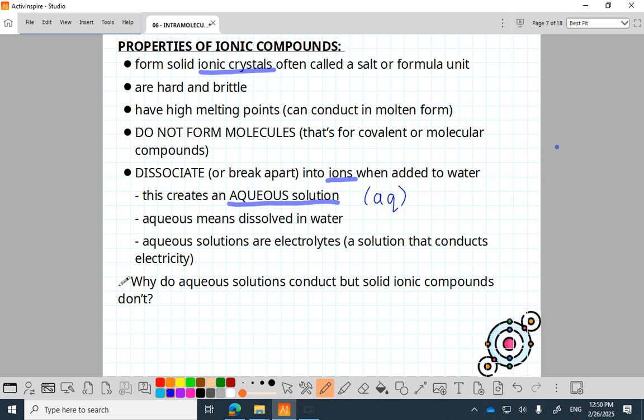Okay? So solid ionic compounds do not have free ions. Actually, I'm going to write free cations and anions, not just ions.